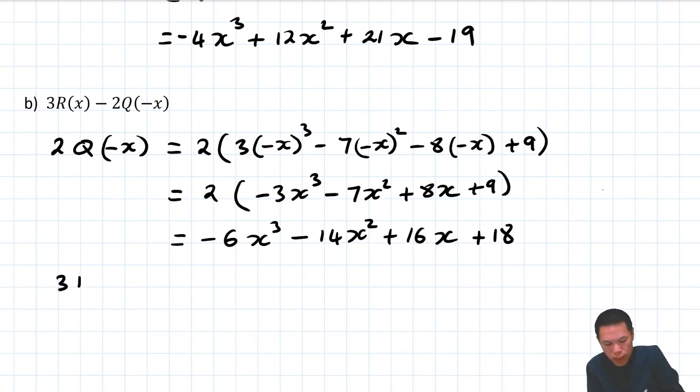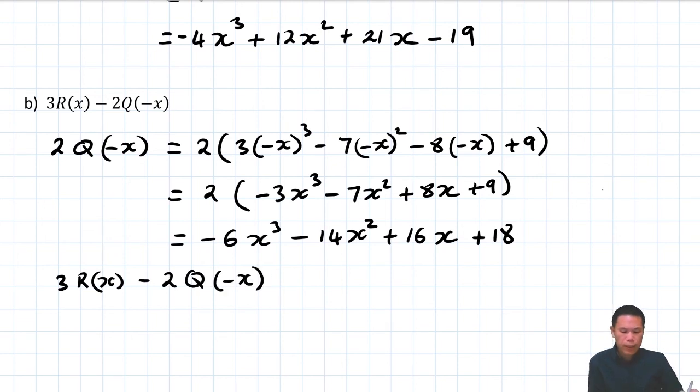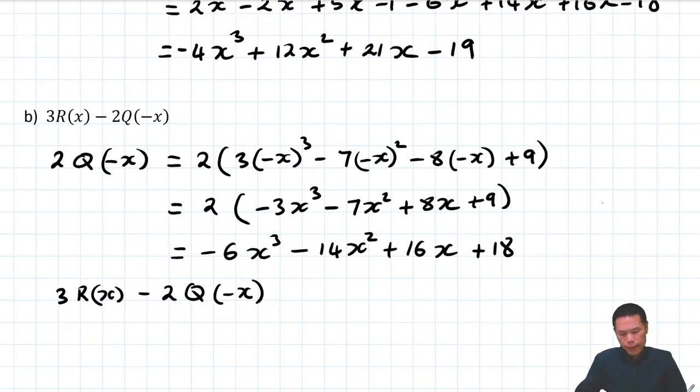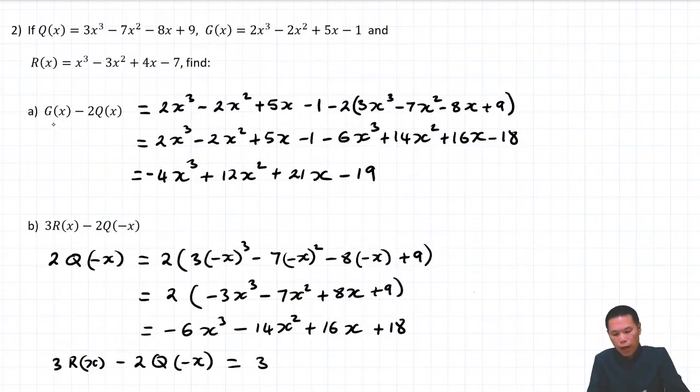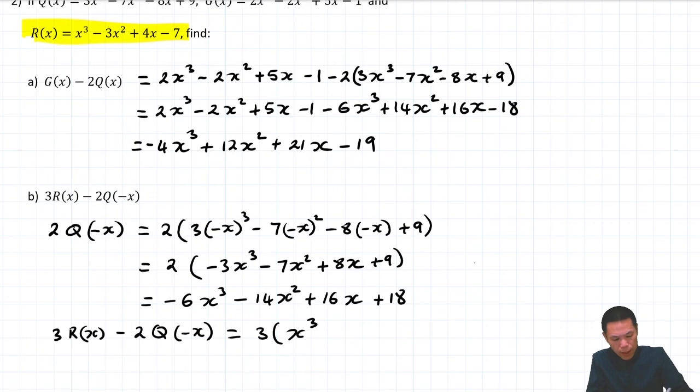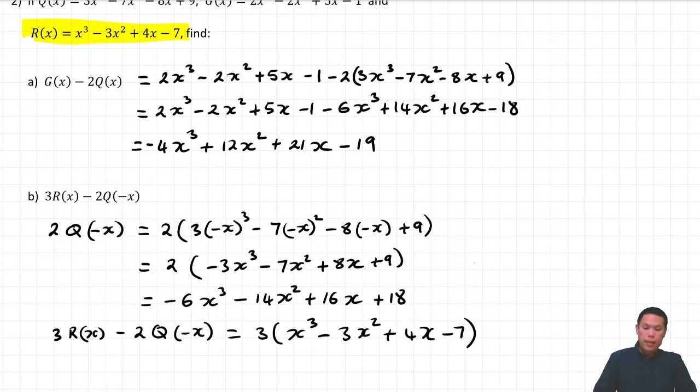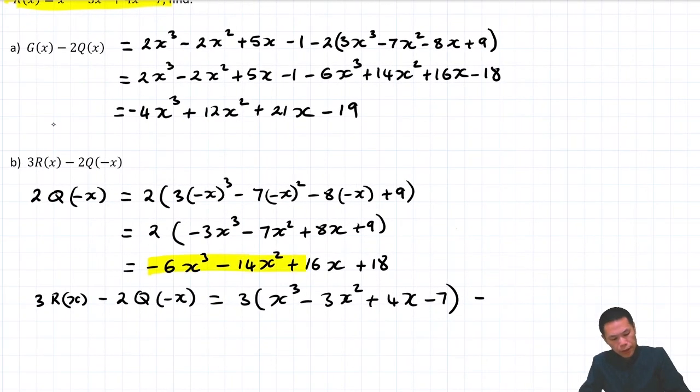So just 3r(x) minus 2q(negative x). So now 3r(x) is this one here. So we just copy it out. So 3 lots of x to the power 3, and then we minus 3x squared plus 4x minus 7. Okay, and then minus this expression here.